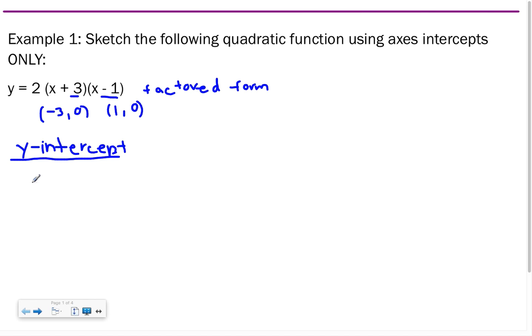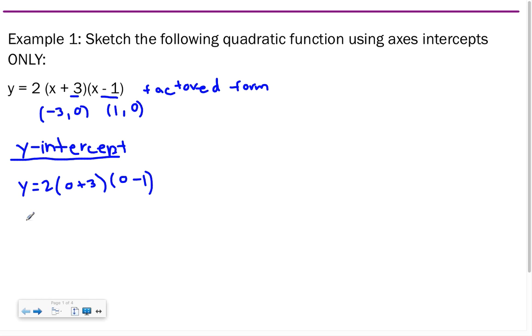Our method for finding the y-intercept is always the same, regardless of our equation. To find the y-intercept, we want to set x equal to 0 and solve for y. So here we've got y equals 2 times (0 plus 3) times (0 subtract 1). The reason we set x equal to 0 is because if the graph is crossing the y-axis, we already know that the x-coordinate at that point is going to be 0, regardless of what the y-coordinate is.